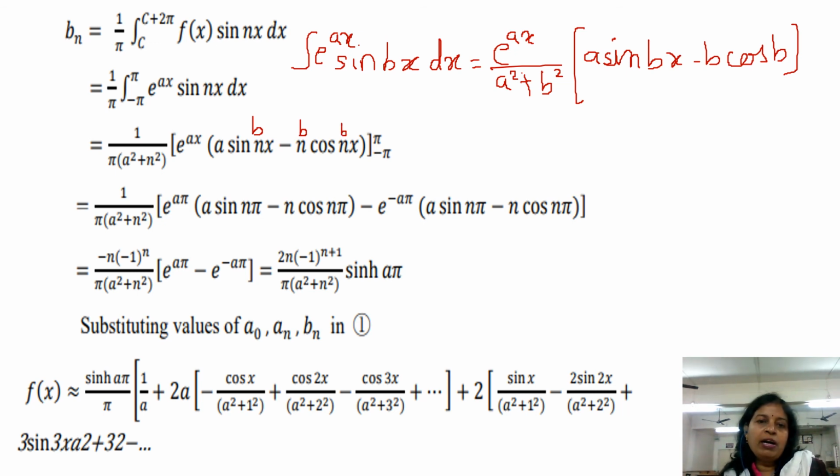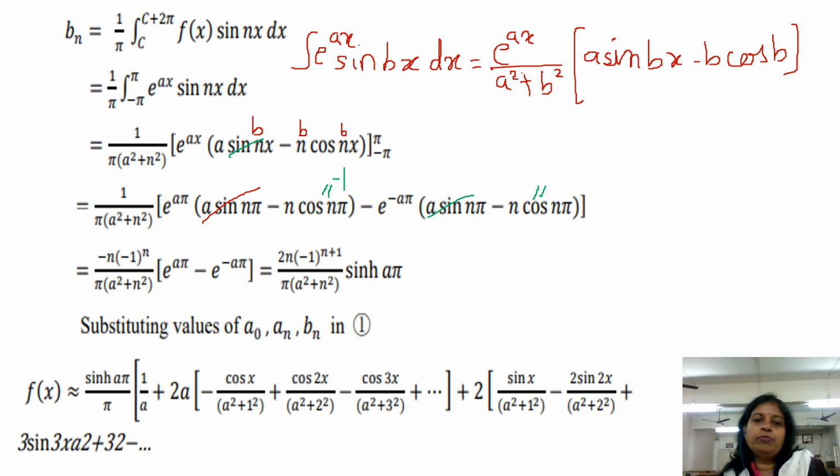Now when you put the upper limit pi, actually you can eliminate this here itself, since sine pi and sine of minus pi are both equal to 0, therefore you can easily remove this. And then we know that the value of cos n pi is nothing but minus 1, as I have explained earlier also.